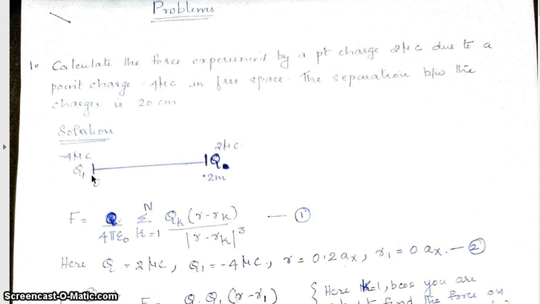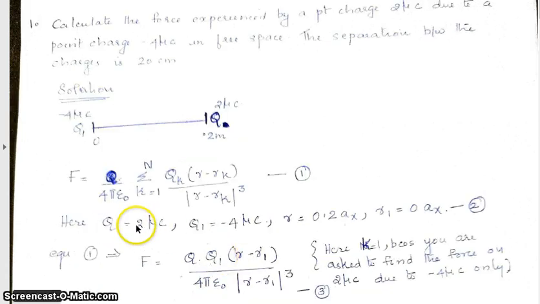For Q1 it is 0 into small ax plus 0 into small ay, and the position vector for Q is 0.2 into small ax plus 0 into small ay. So Q is equal to 2 microcoulomb, Q1 is equal to minus 4 microcoulomb, R is equal to 0.2 ax and R1 is equal to 0 ax. R1 is the position vector of this Q1.